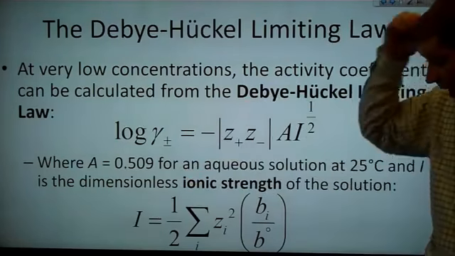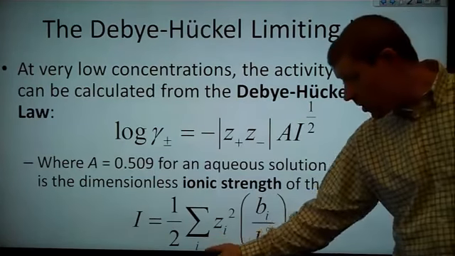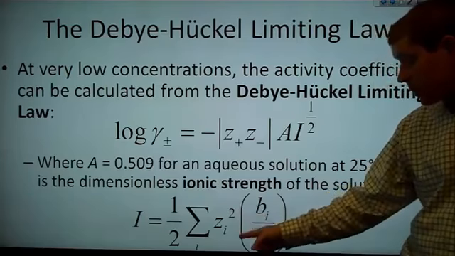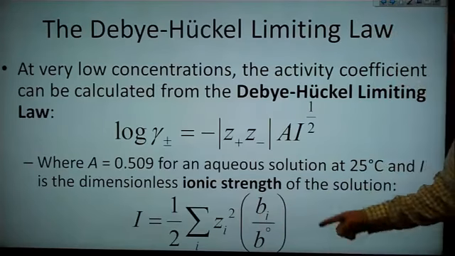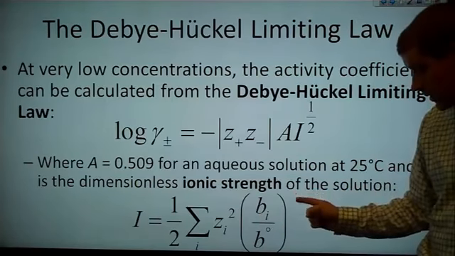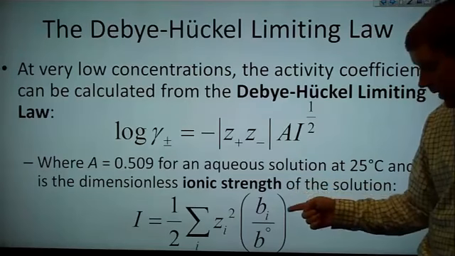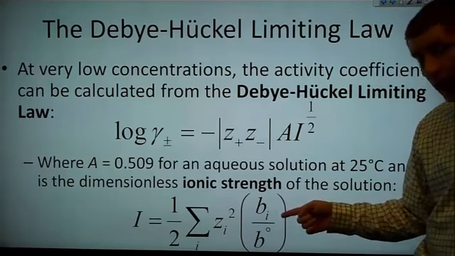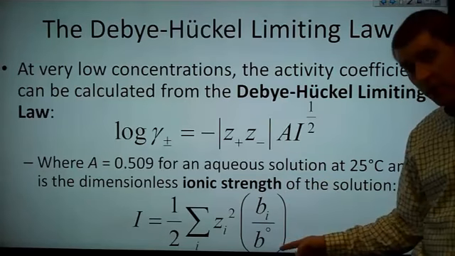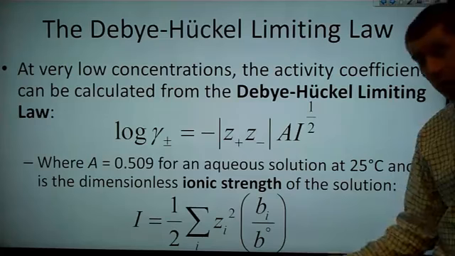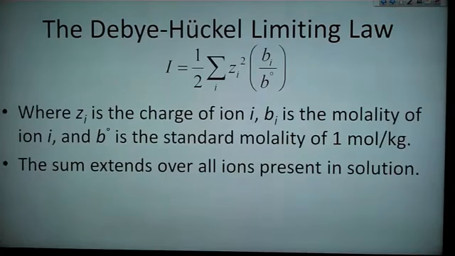I is equal to 1/2 times the sum over all of our ions i of the charge of the ion squared, times b_i, the molality of that ion, divided by our standard molality b0, so that's 1 molal, remember.